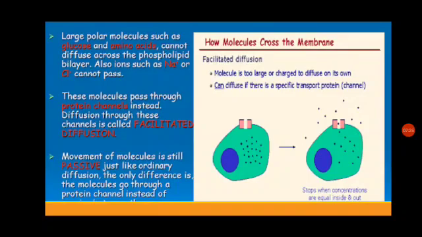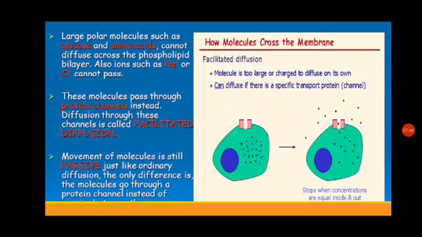How do molecules cross the membrane in facilitated diffusion? Molecules that are too large or charged to diffuse on their own can diffuse if there is a specific transport protein channel. It means larger molecules such as glucose and amino acids cannot diffuse across the cell membrane.